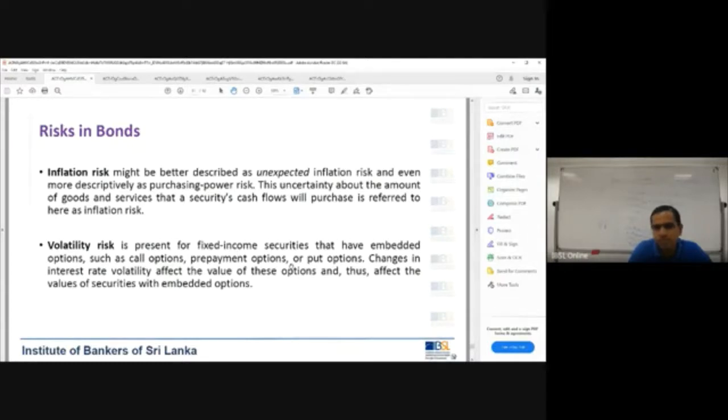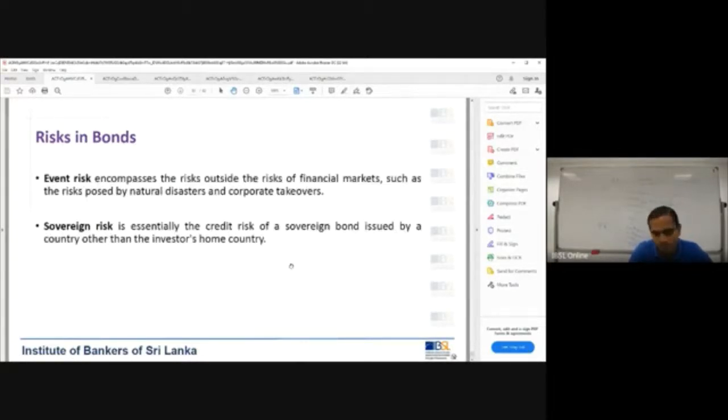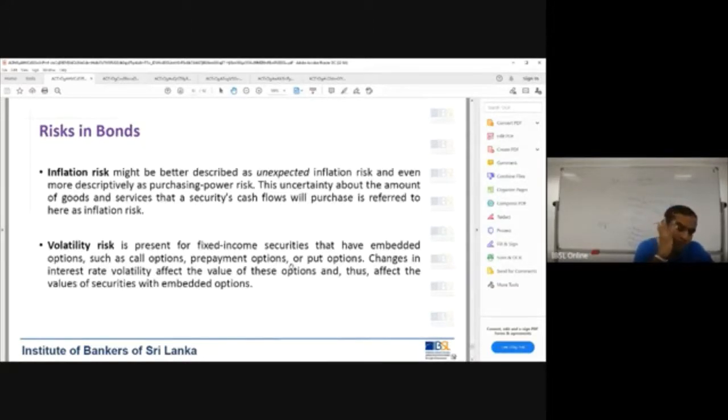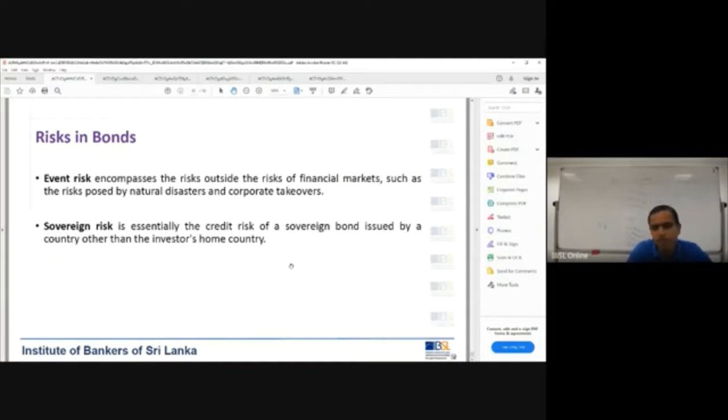Volatility risk is present for fixed income securities that have embedded options, such as call options, prepayment options, or put options. Changes in interest rate volatility affect the value of these options, and thus affect the values of securities with embedded options. Right? So there can be volatility in bonds. If you buy bonds, it doesn't mean that the bond's value will keep going up. It can go up, can come down, can move sideways. That's called volatility. It doesn't stay the same.